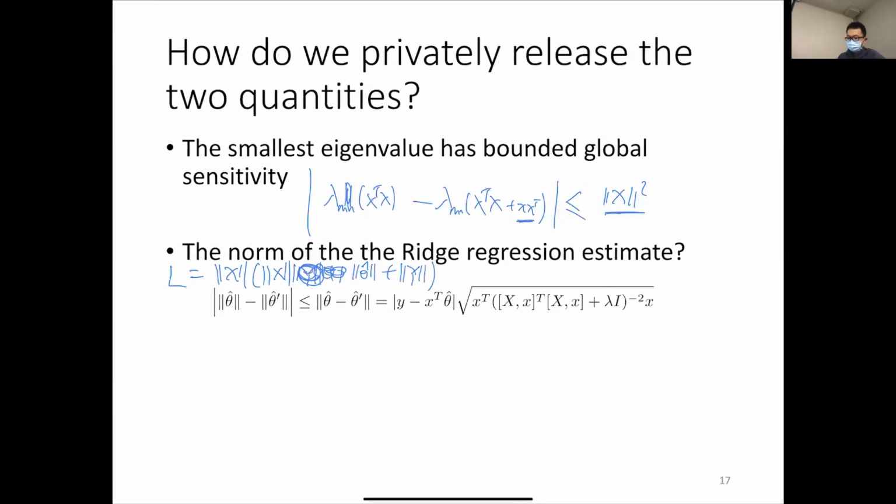So this is a data-dependent quantity that we want to reveal, and it relies on this theta hat. So the natural idea is: can we just directly release the norm of this theta hat? With the lemma that we have written previously, we have the exact calculation for this theta hat minus theta hat prime, and then we can write it down, and this becomes just this expression. So we can further bound this expression.